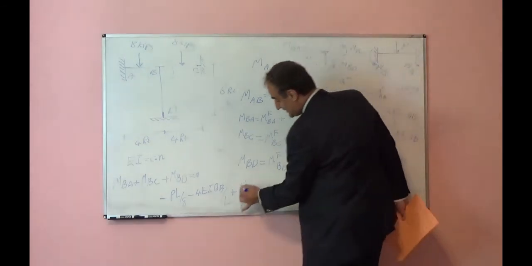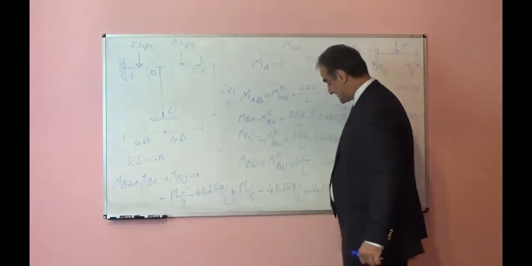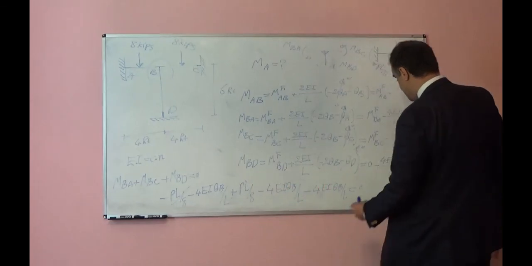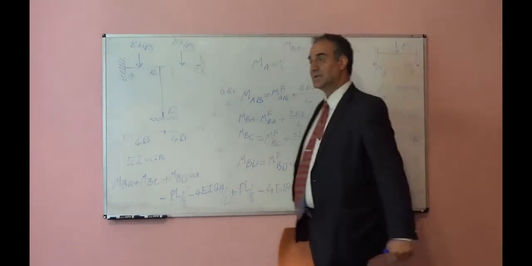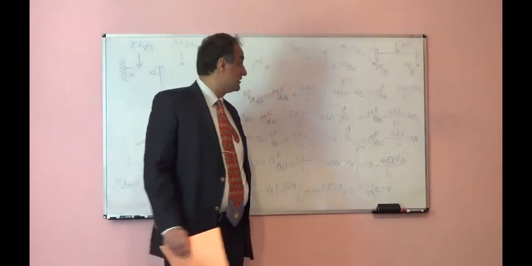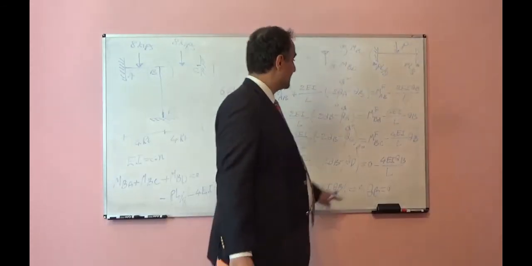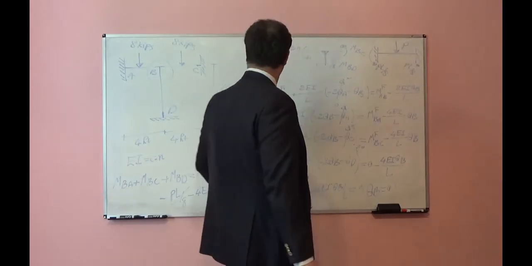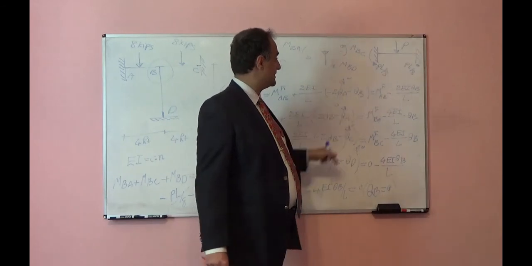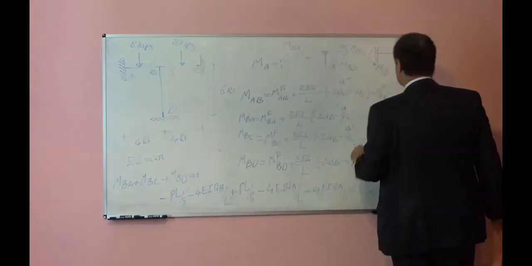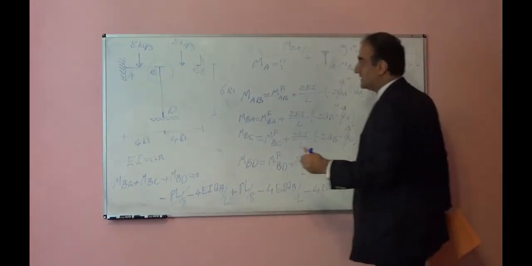PL over 8 and PL over 8 will cancel each other. From here you will find theta B is equal to 0. Theta B is equal to 0, so we plug it here, and MAB will be equal to M fixed AB, and M fixed AB is PL over 8.